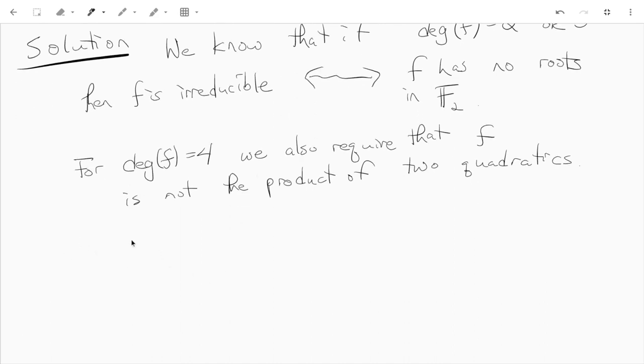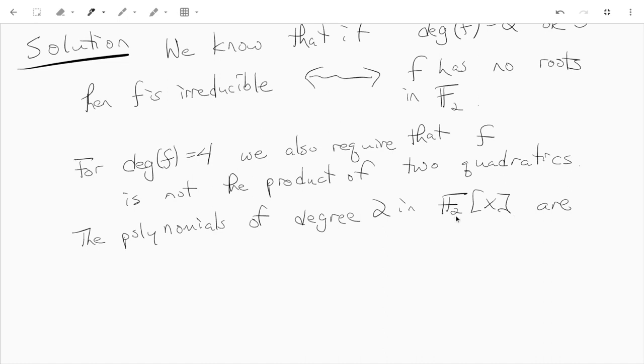The polynomials of degree 2 with coefficients in this finite field are, well, the finite field has two elements. We call them 0 and 1.